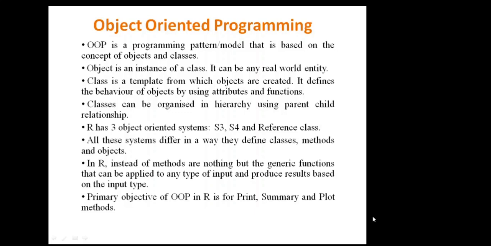To execute these print, summary, and plot methods, the object-oriented programming concept was introduced in R. See, R is primarily a functional programming language, a language which is used to perform statistical analysis or graphical analysis of data. It is not a classical object-oriented programming language. That's why not all concepts of object-oriented programming languages are supported by R.